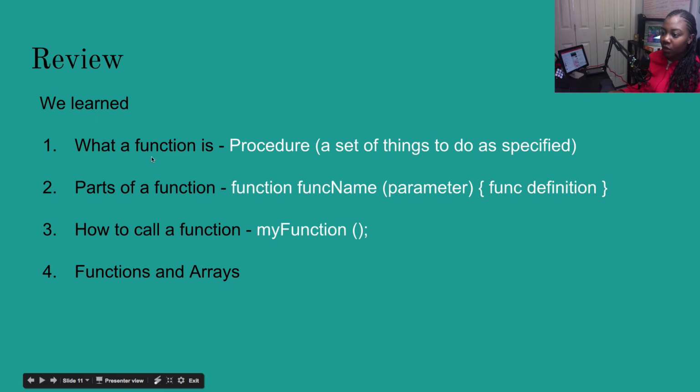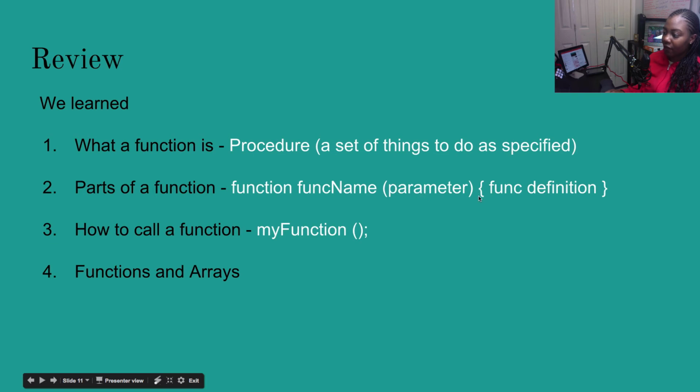So we learned what a function is, which is a procedure, a set of things to do as specified. We also learned the parts of a function. We know that function is the keyword that we use, and then the function name. Then we put the parameter in the parentheses.